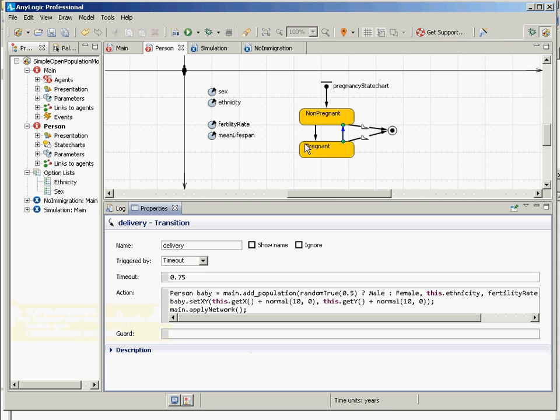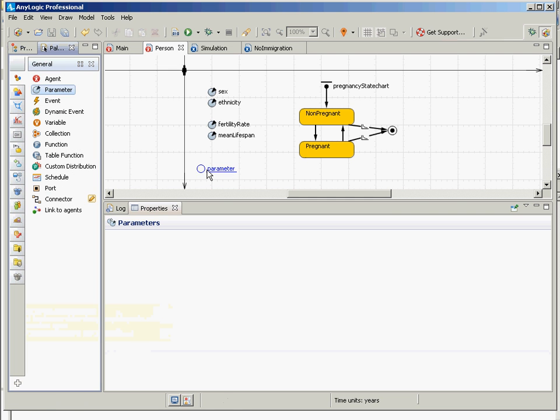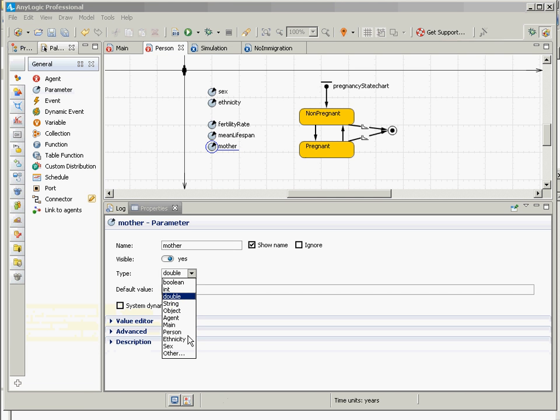Good. So we can add a parameter to each person: who their mother is. Each person has a sex, they have an ethnicity, and they have a mom. What sort of thing is it? Is it a Boolean? Is it an int? Is it a string? Or is it a person? It's a person.